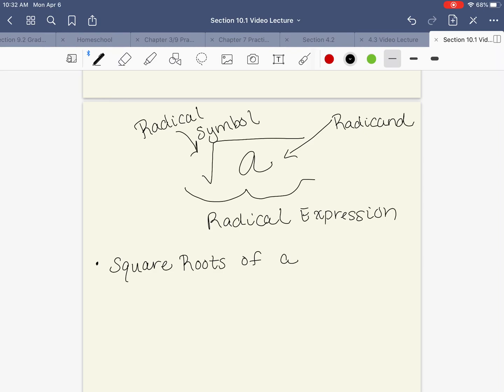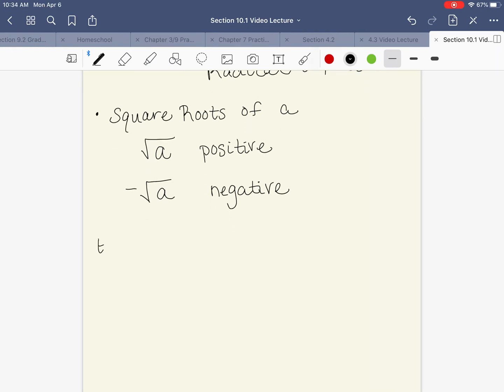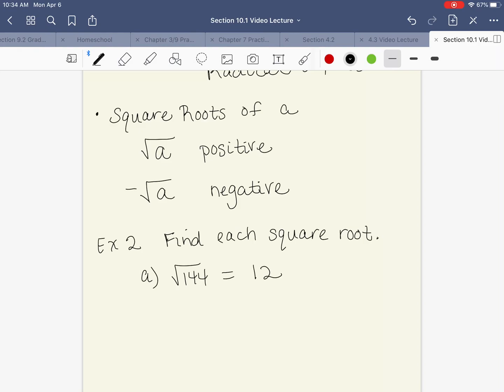All right, so when you're finding the square root of a, it would be positive if you're trying to find the principal or the positive square root. But if you have a negative in front of your symbol, that would evaluate to a negative, because you just carry your negative over into your answer. So for example, the square root of 144, we know that is 12, because 12 times 12 is 144.